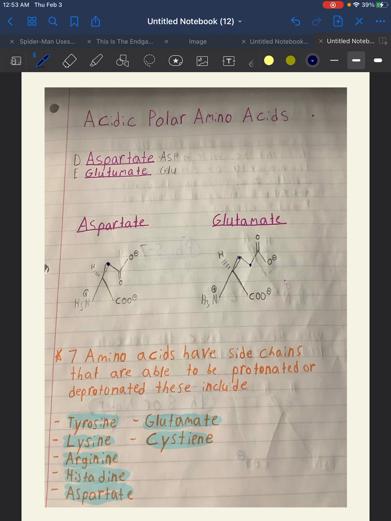Well, you know what? Let me just explain this concept here real quick. Let me ask you a question. Say we are at a pH of, let's say, 1. What's going to happen with aspartate?